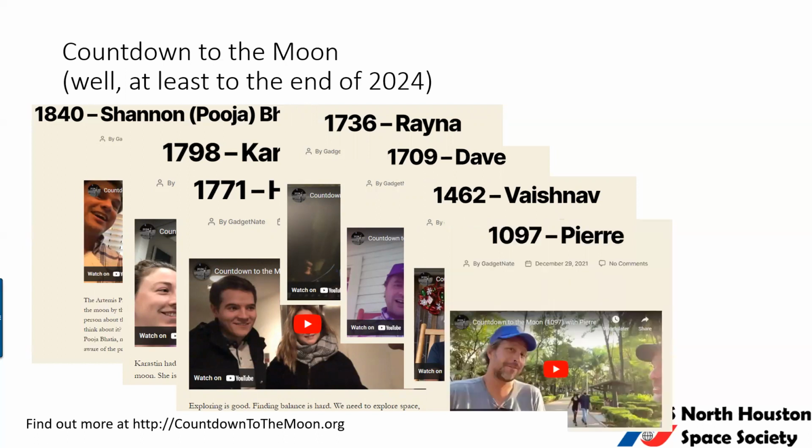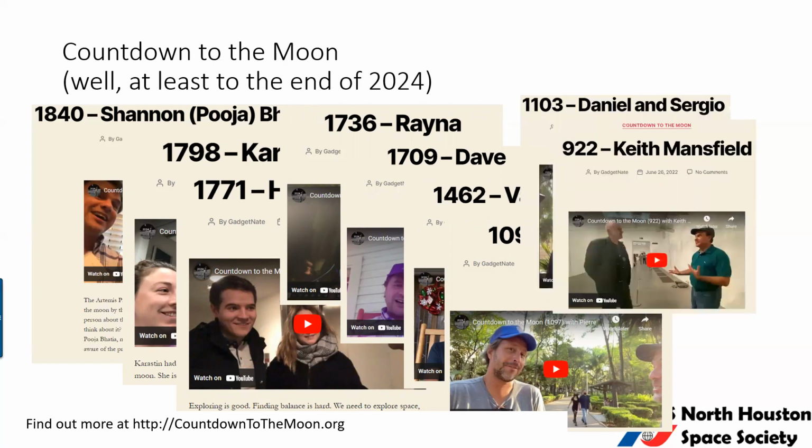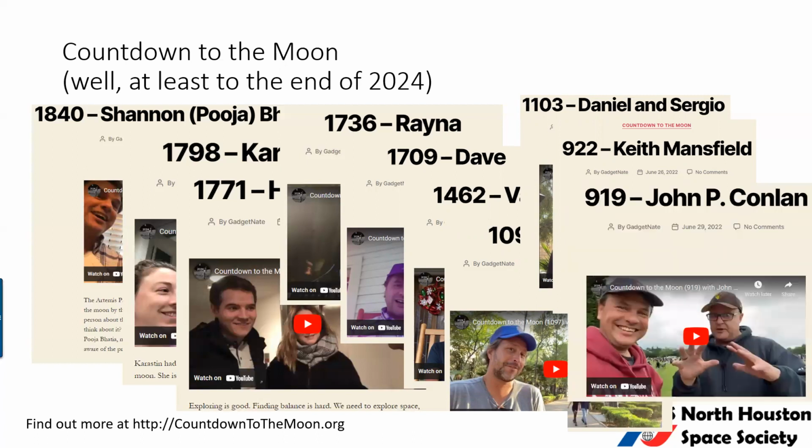And then when I went to Mexico at the end of 2021, I interviewed people there. As well as here, I got to interview Keith Mansfield in front of the ISS sculpture at the Tate Modern in London. And of course, I interviewed John over at Wimbledon.